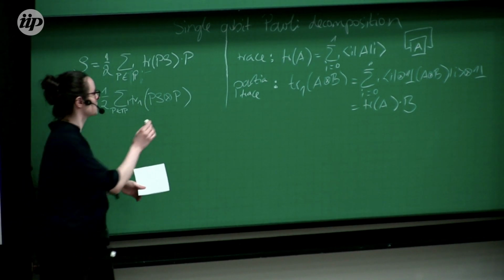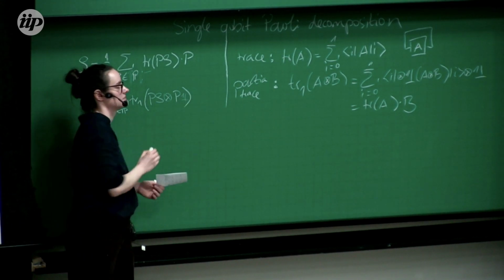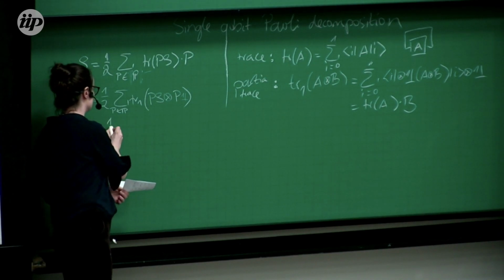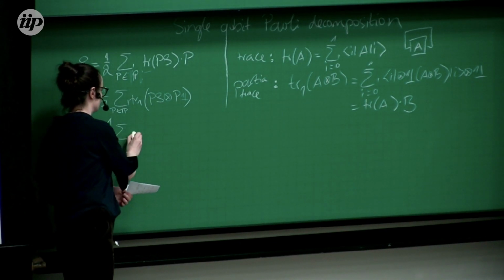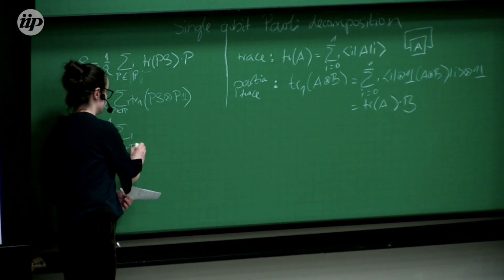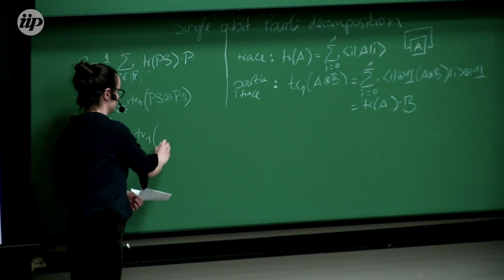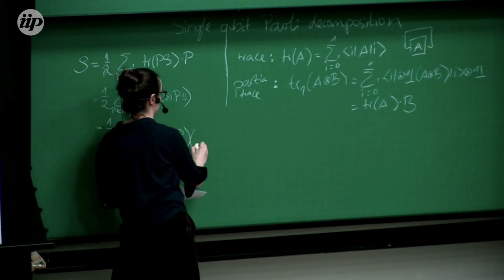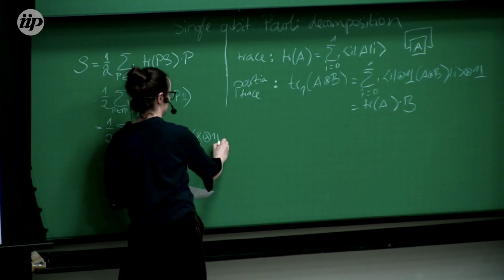And now we can imagine that there's an identity here, and we can pull out rho tensor identity, P tensor P times rho tensor identity.